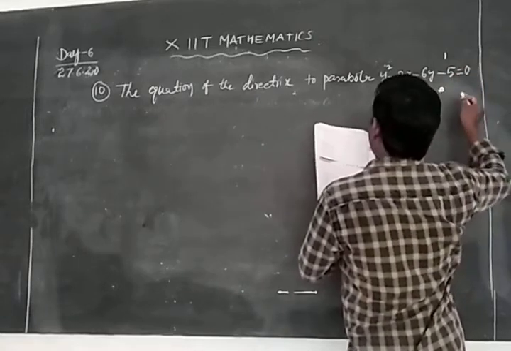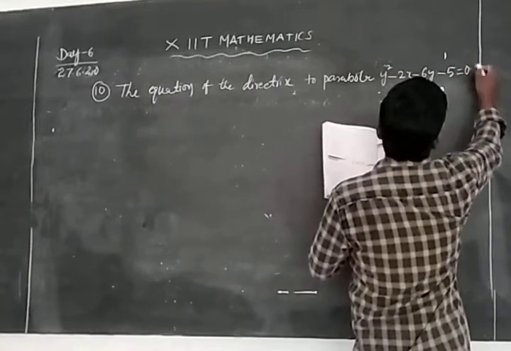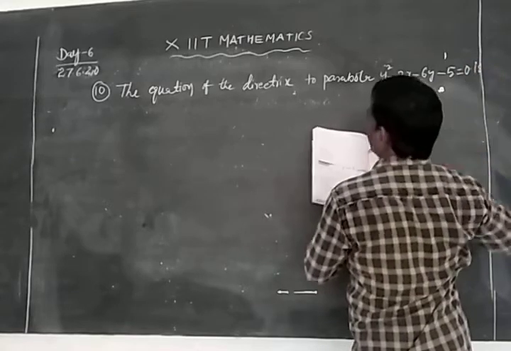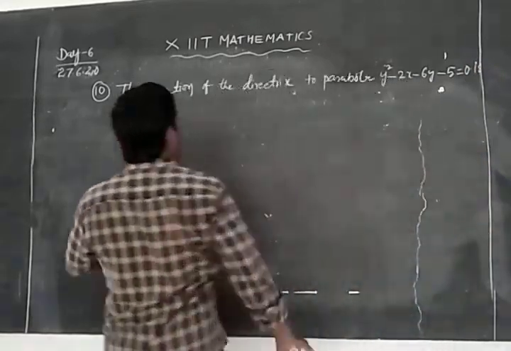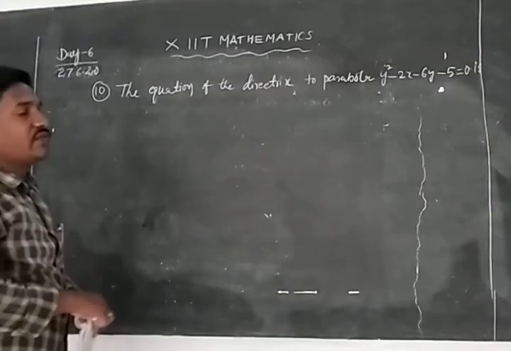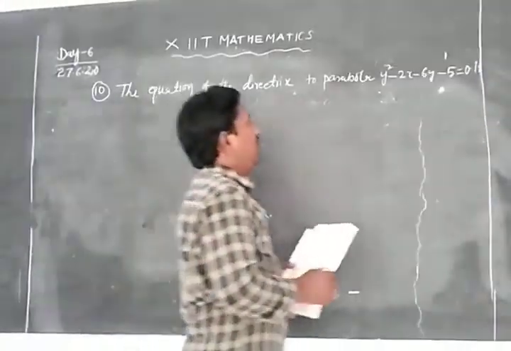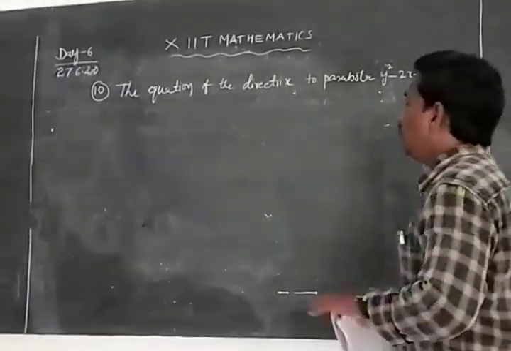This is the equation of the directrix to the parabola y square minus 2x minus 6y minus 5 equal to 0.